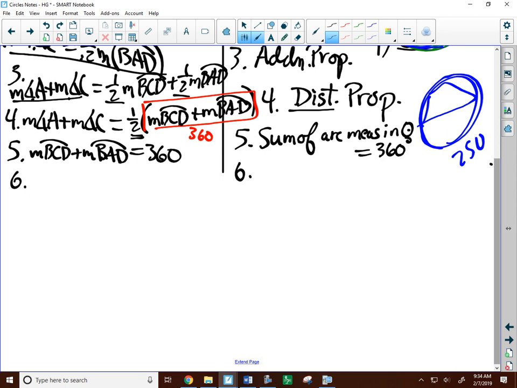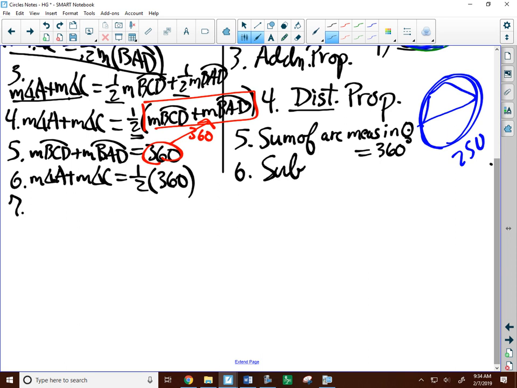Okay, now it's just a little substitution, plugging things in and simplifying. So I'm now taking this 360 and putting it in for that. So I got the measure of angle A plus the measure of angle C equals half, and then putting in the 360. And so plugging in, substitution property. 8 steps, by the way.